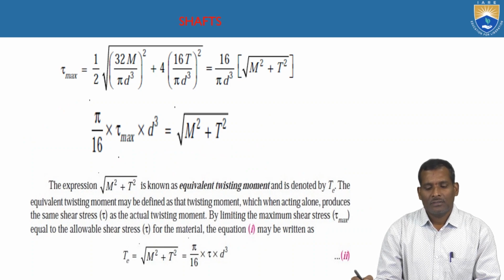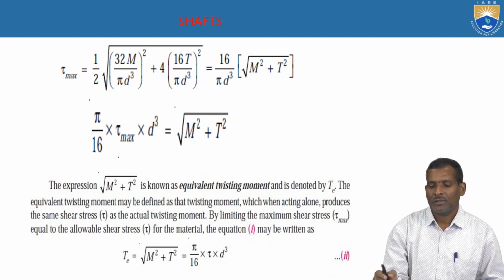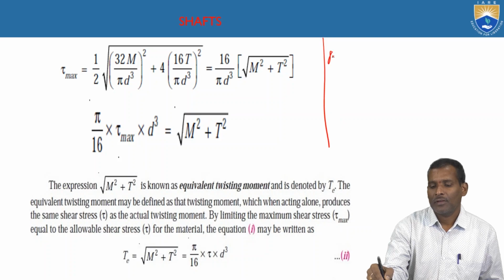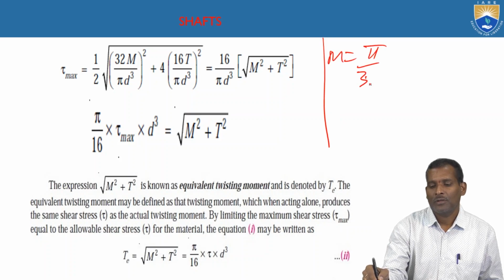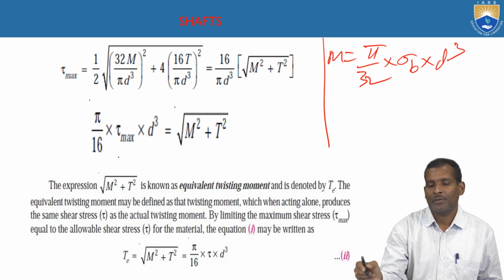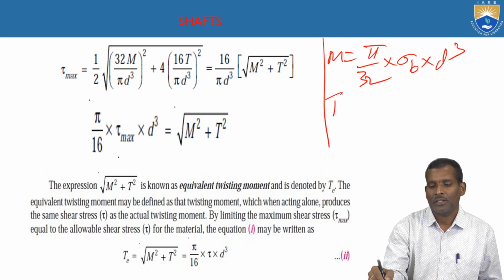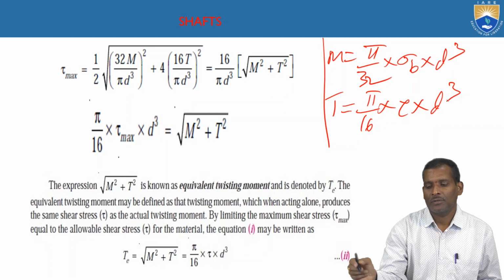So substitute the bending stress value and shear stress value. Already you know M is equal to pi by 32 into sigma b into d cube. Similarly, T is equal to pi by 16 into tau into d cube.